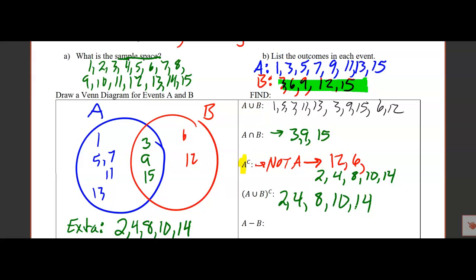So A minus B, that's A minus B right there. The set of A, take out the stuff that's part of B. That is going to be 1, 5, 7, 11, and 13.